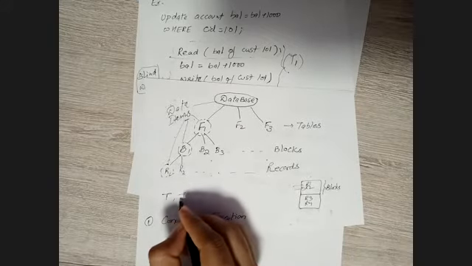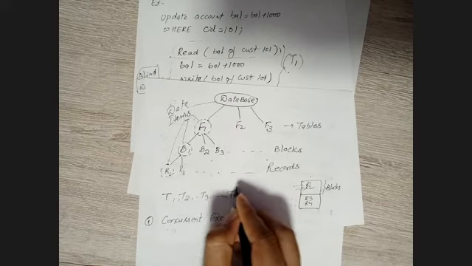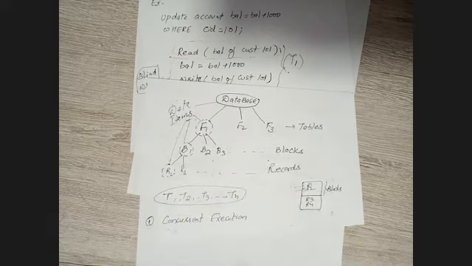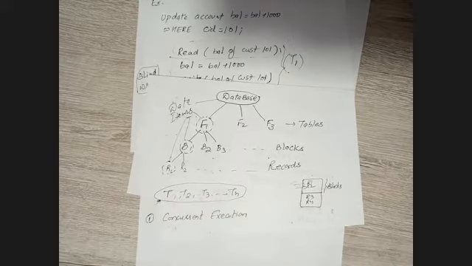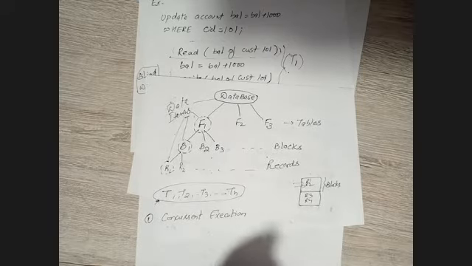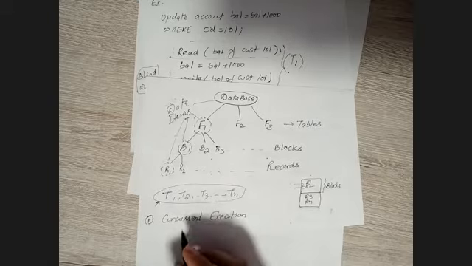For example, T1, T2, T3, and so on till Tn. We have various transactions in which we perform read and write operations. Yes or no? So now we'll understand how we can do the execution of these transactions. One is called your concurrent execution, right? Understand, simultaneous execution of two or more transactions over the database is called your concurrent execution, right?